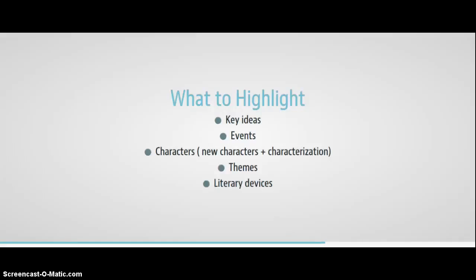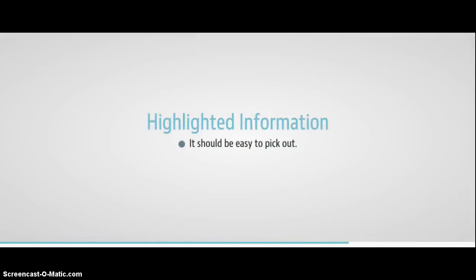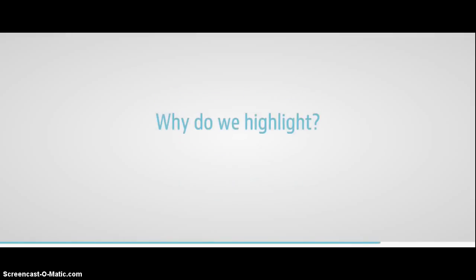And literary devices. Now I know you know what literary devices are, but just as a refresher, literary devices are things like metaphors, similes, motifs, things like that, okay? Highlighted information should be easy to pick out, should not overwhelm the reader, because you want to point out only key information that you're going to return to later.